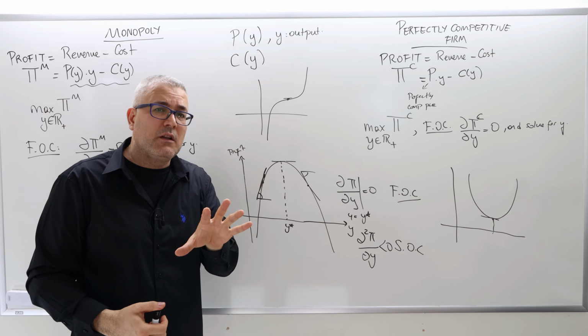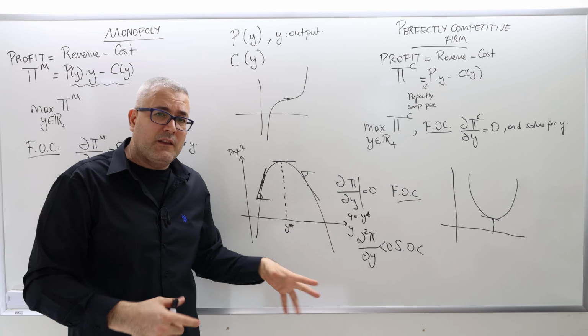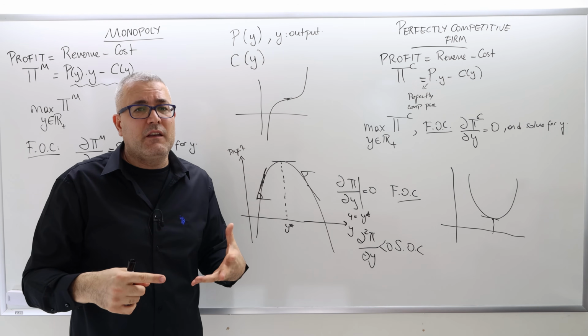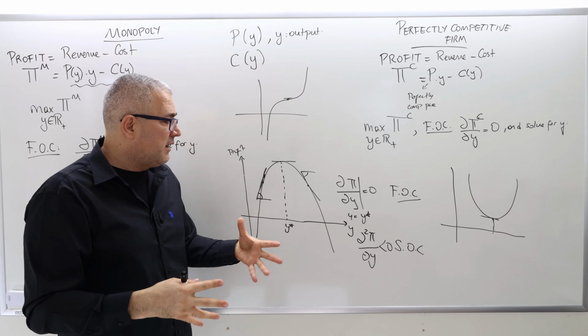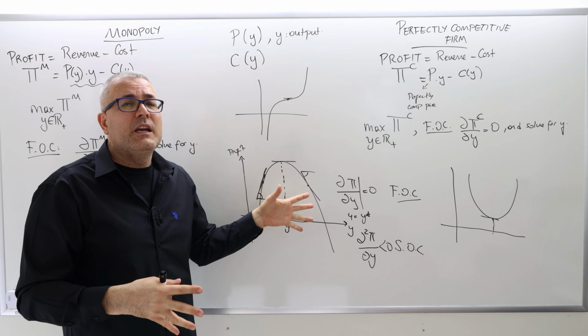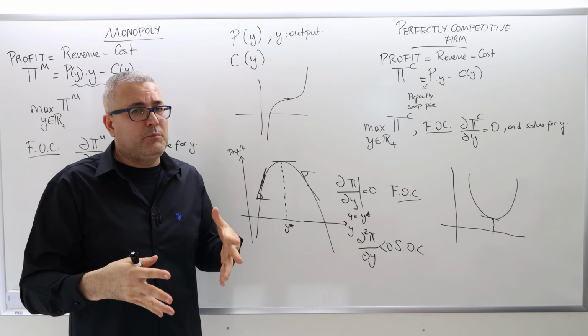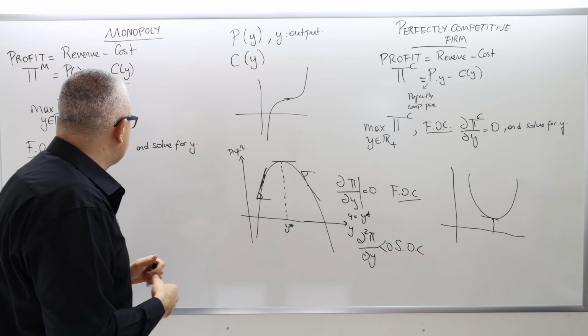But in general, you should definitely make sure that the profit function is concave. If it is not, well then the point that you're finding is actually not the optimal point. All right, so be careful about that.